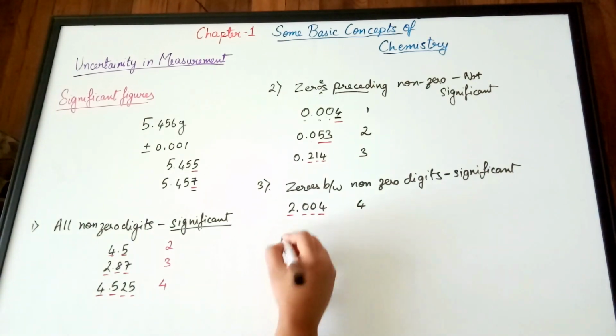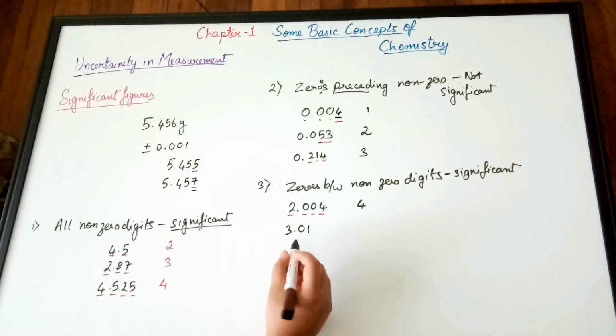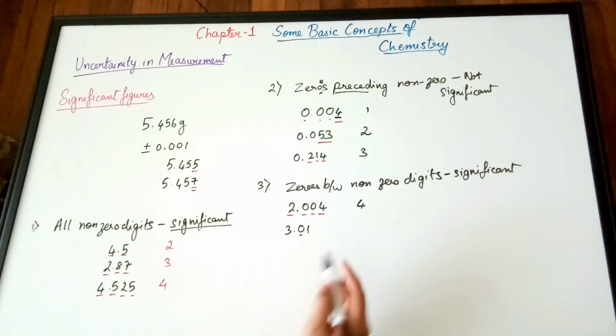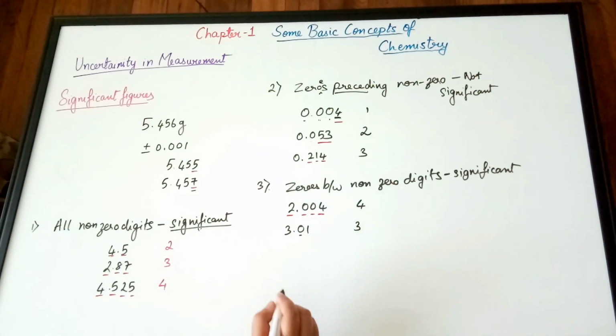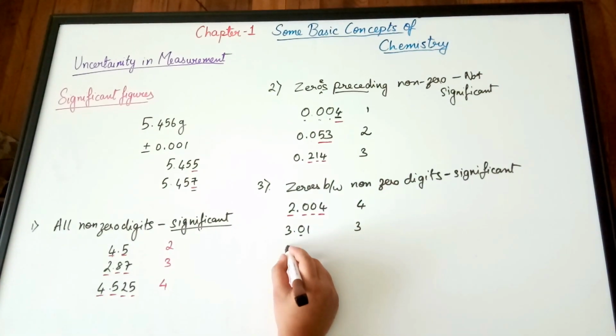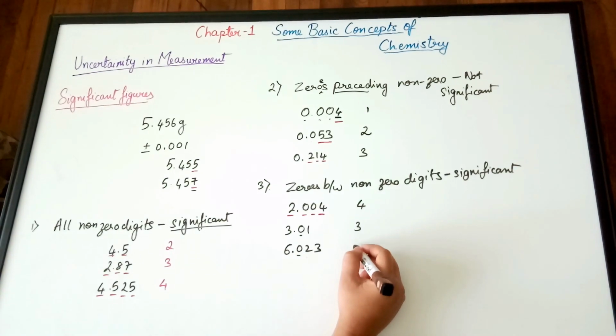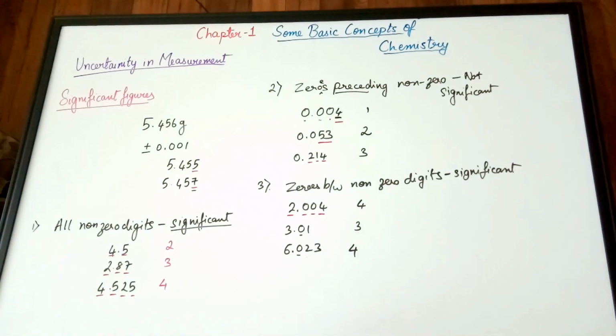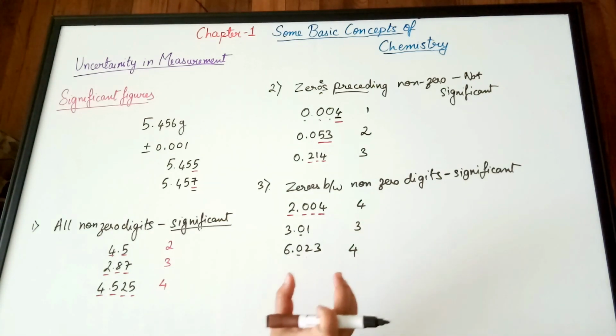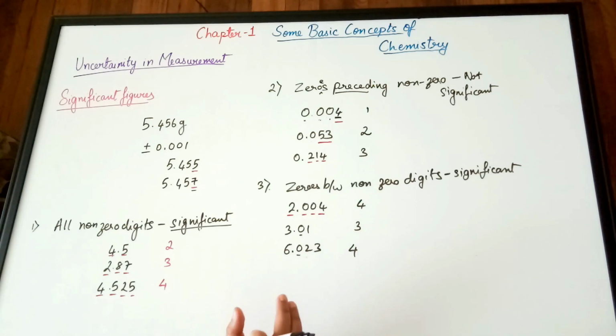Now another example, 3.01. Again, this 0 is also going to be significant, thereby making the total number of significant figures 3. And 6.023 has a 0 in between, but because it's surrounded by two non-zero digits, it has 4 significant figures. So the zeros which are before the first non-zero digit are not significant, but if they are in between the non-zero digits, they are significant.